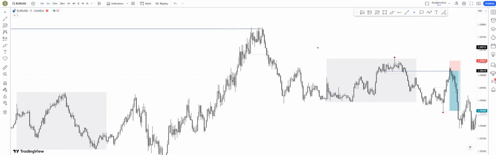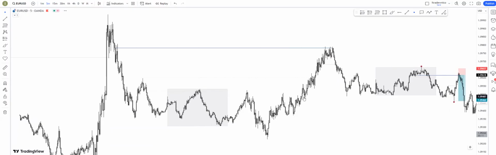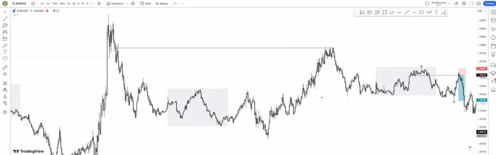So now we have a new range confirmed from our low right here. Notice how obvious the QM is, from the low to the high, right? So if we know that we created this inducement, it will get taken during the day with high chances.